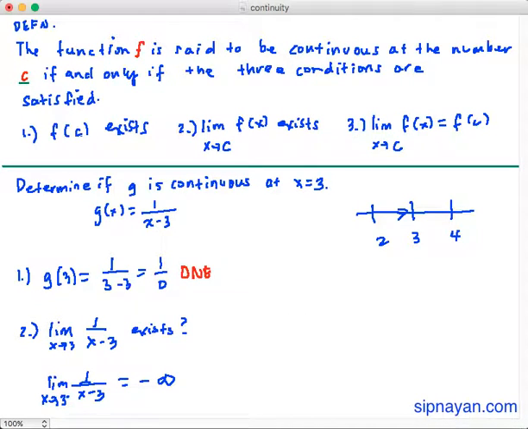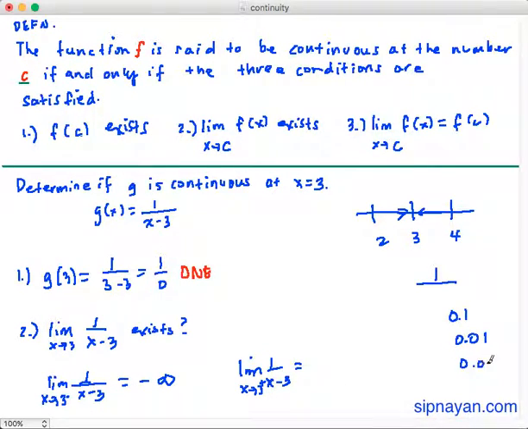Next, the limit of 1 over x minus 3 as x approaches 3 from the right naman. Galing siya sa right. So, mga 3.1, 3.01. So, magiging 1 over 3.1 minus 3. So, that's 0.1. 0.01 pag 3.01.